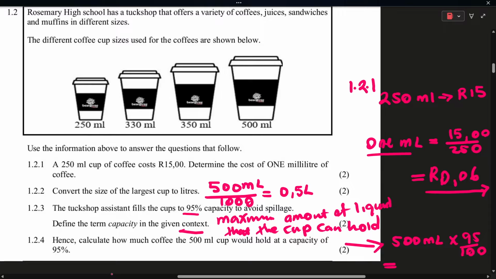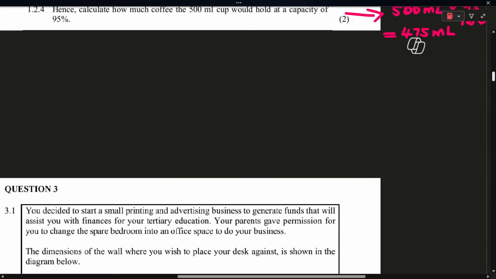And then you press your calculator. Let us press, we're going to get a beautiful 475 milliliters. That's it. That's how you answer this question. I hope you are getting how it is done, right? Let's go to the next one.